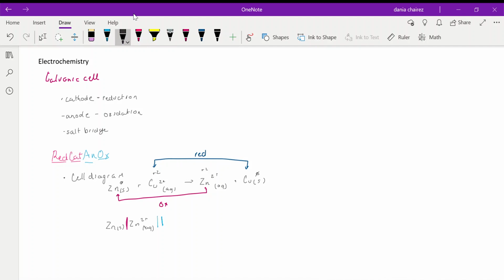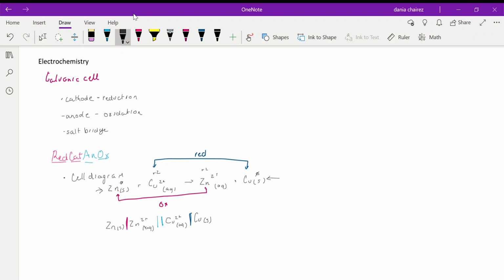Okay, yeah. So it's zinc oxidizes to zinc ion, salt bridge, copper ion, aqueous, reduces, which is a solid line, to copper solid. And that's your cell diagram. It's essentially a condensed version of this whole equation right here, and it tells you what's happening in it.